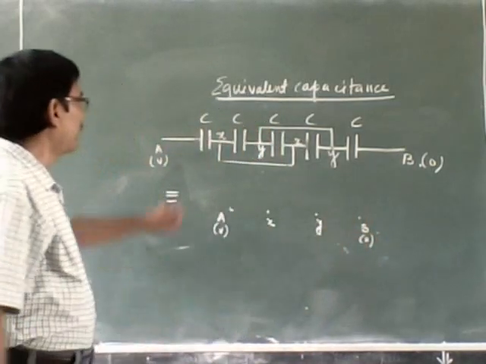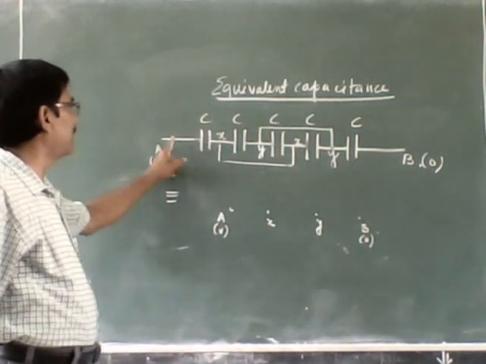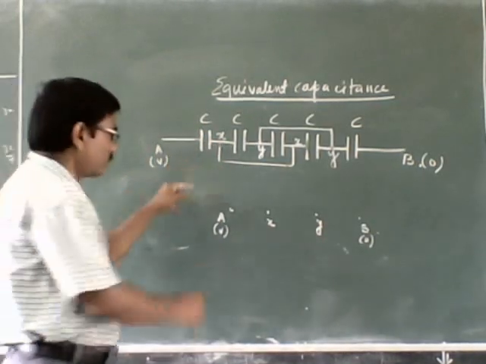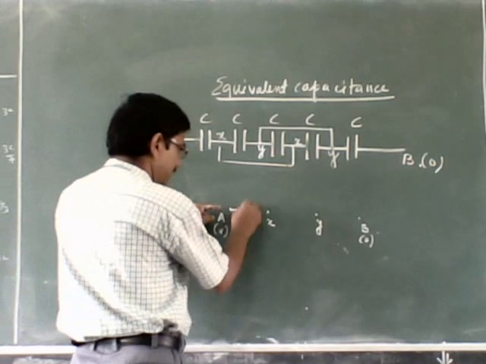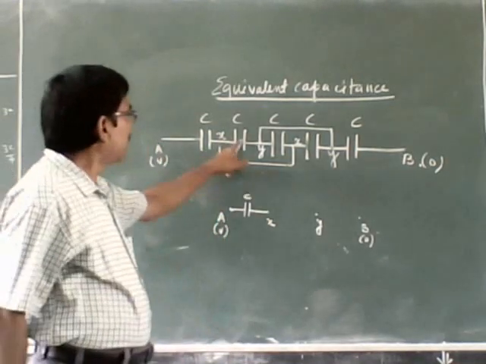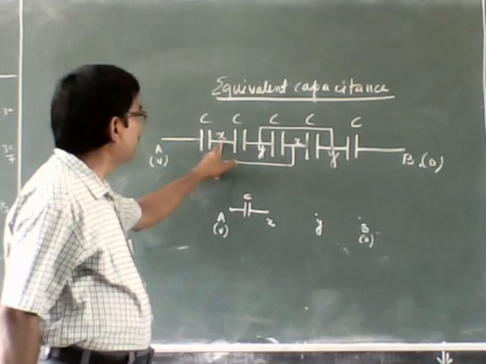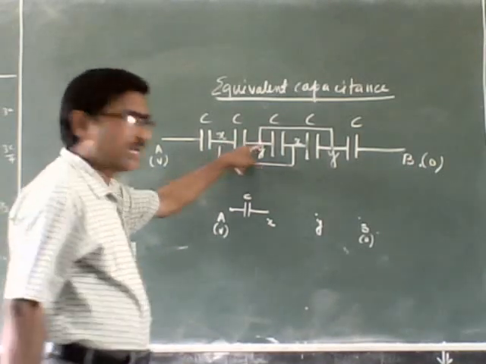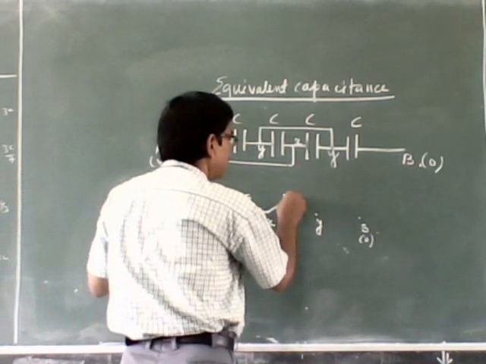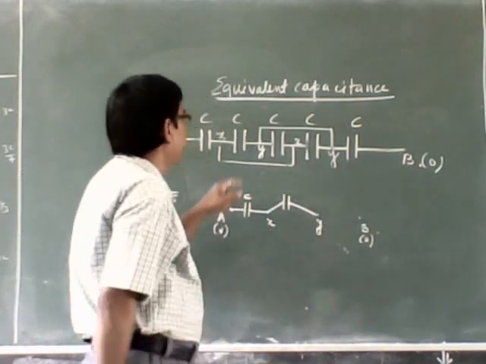Now the first capacitor, of capacitance C, is connected between V and X. The second capacitor is connected between X and Y.